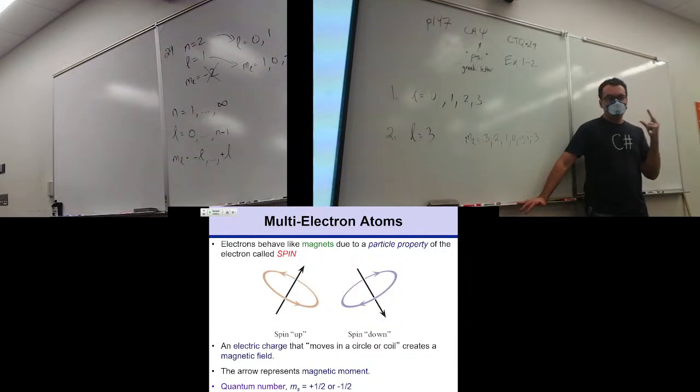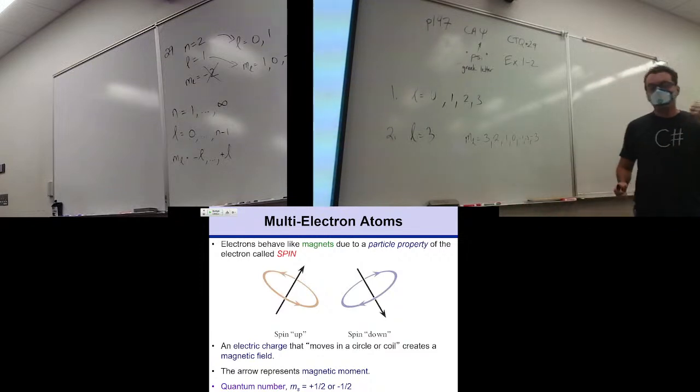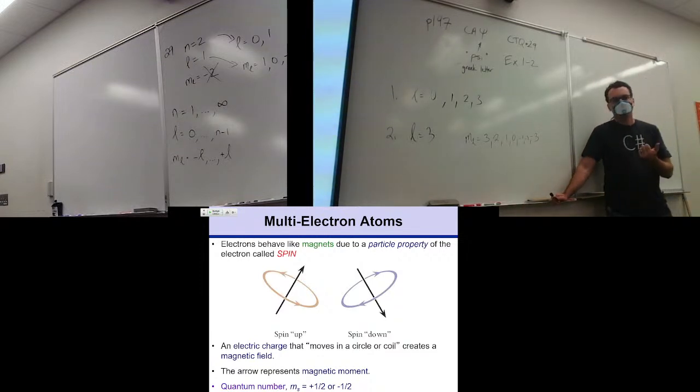This is a really weird concept, so I don't expect you to understand it completely. If you want to look it up, feel free. This is where all of our technology, like MRIs, come from. Magnetic resonance imaging comes from a technique originally called nuclear magnetic resonance. People are afraid of the word nuclear, so they dropped that.